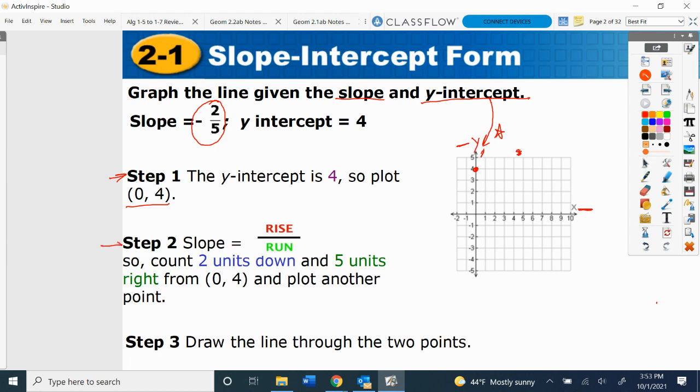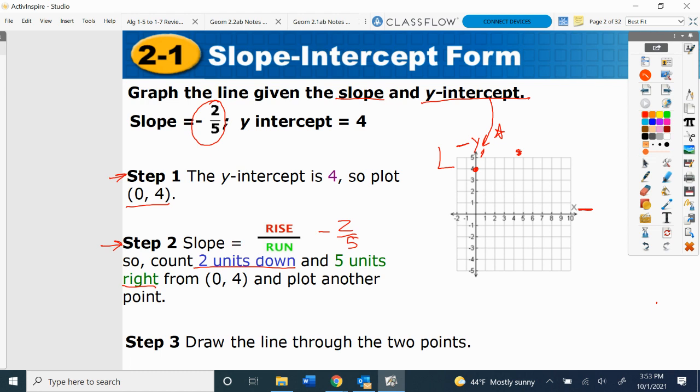So right here, step number 2, because our slope is negative 2/5, what we're going to do from our point is go 2 units down, and we're going to go 5 units to the right, because for it to be a negative slope, we want to make sure our line is going to be pointing to the left when we draw it.